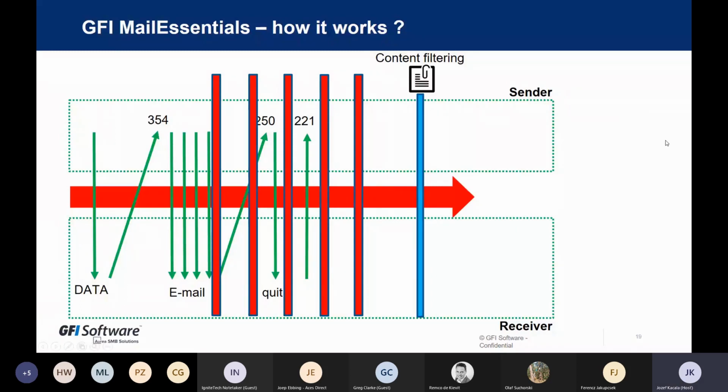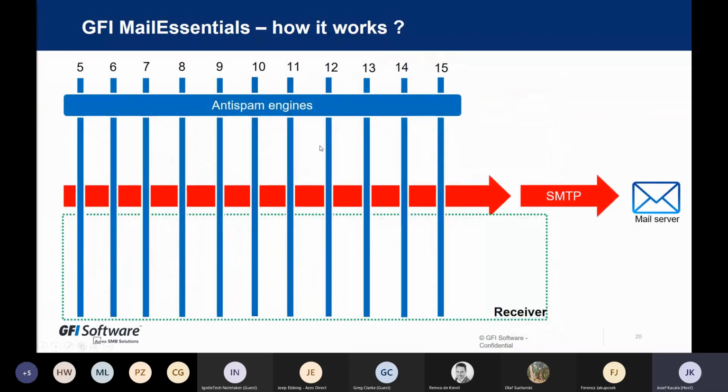Once it has passed the antivirus engines and anti-malware engines, it will go to the content filtering, which we discussed in the previous slides. So we will apply the decompression engine, the keyword, the advanced keyword, or the attachment filtering on the email. And once this has passed, then the GFI Mail Essentials will apply the remaining 10 or 11 anti-spam techniques.